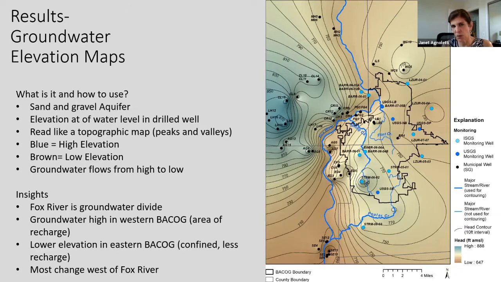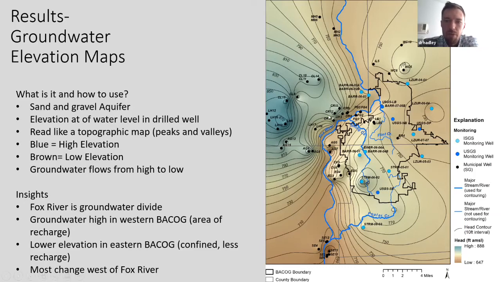So that area to the west of the Fox, as more water is being used out there, is that having some effect, or what is the effect? I know it's having some effect on water levels in our area, but how much effect and how does that work? Sure. And you can save that for later if you like, but no, those are all great questions.